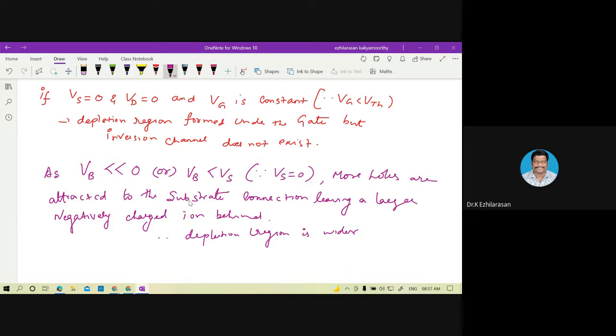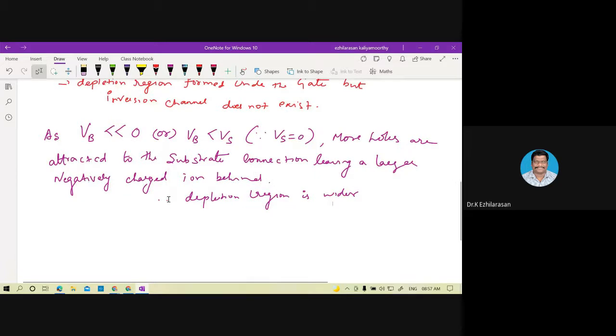Now, very important. You may think, what will happen in this case? As a key point, if this VB voltage is very negative, more and more negative, then the threshold voltage will increase.